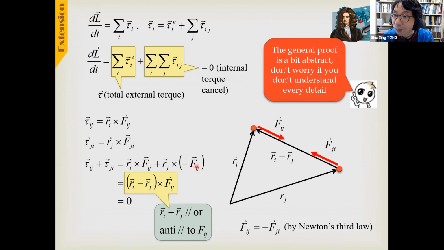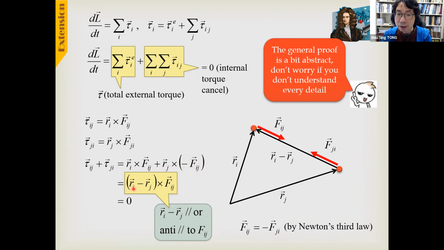That is Newton's third law. So immediately I turn this Fji into minus Fij, and so I can pick this Fij out of the brackets. So the two vectors Ri and Rj subtract each other, and then I make a cross product with Fij.